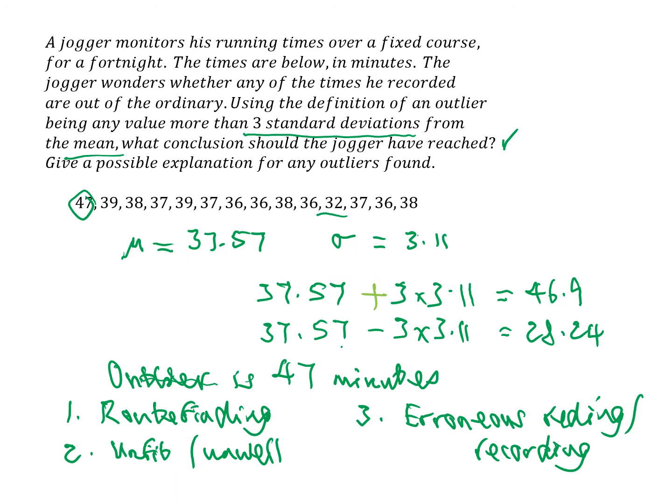If we were calculating the mean again, would we include 47 or would we exclude it? So I'll leave you to have a think about whether it makes any difference, depending on which of these possible explanations for the outlier, as to whether you include or exclude that data point in your subsequent calculations.